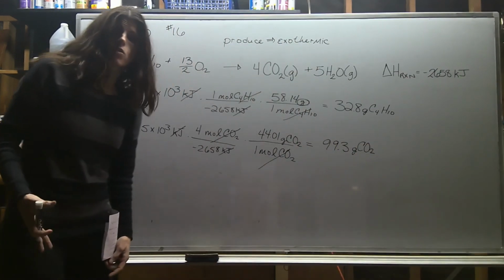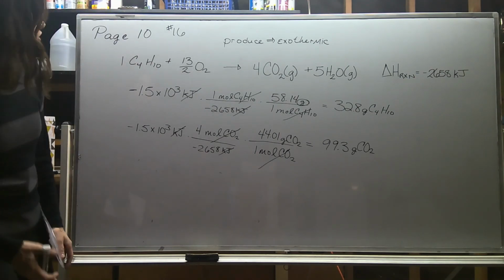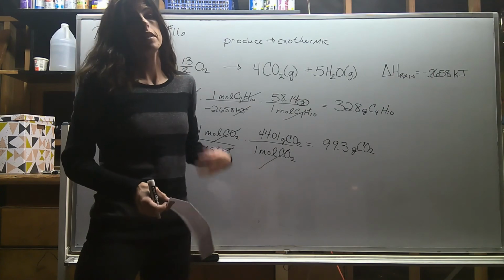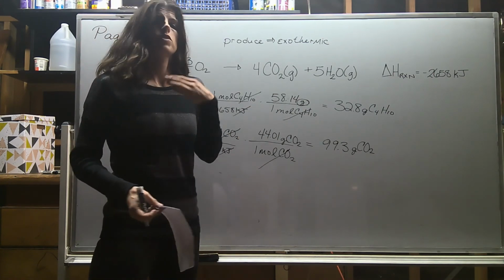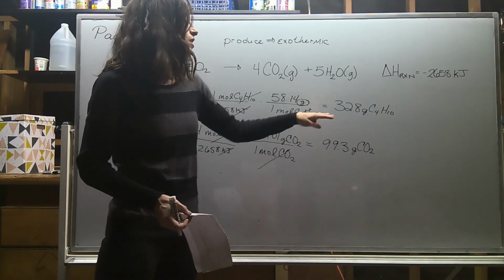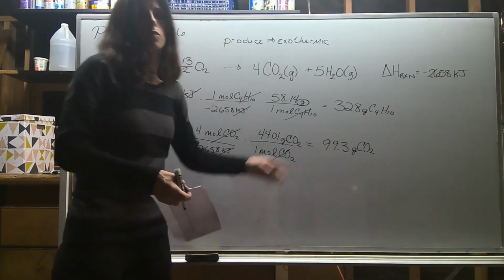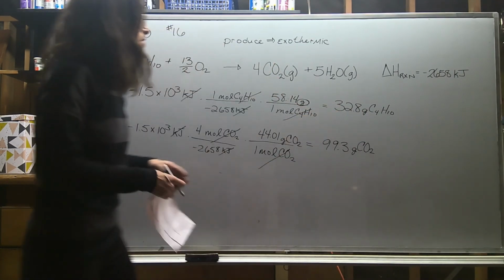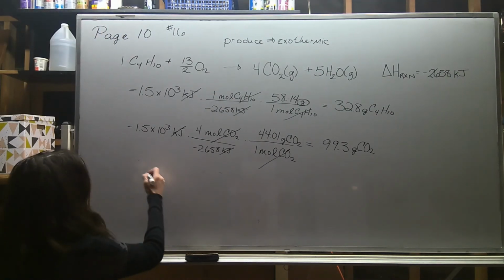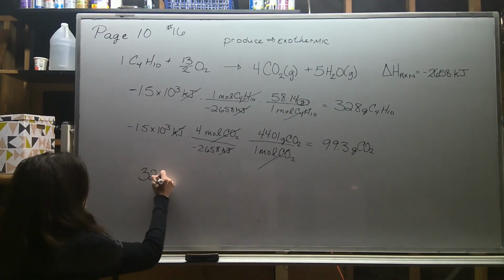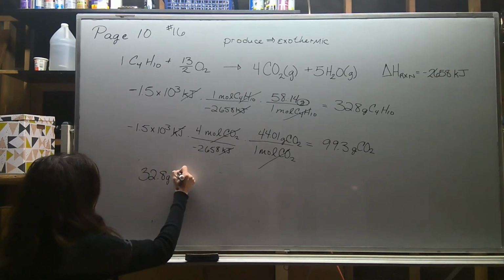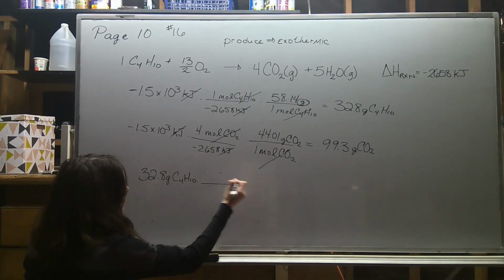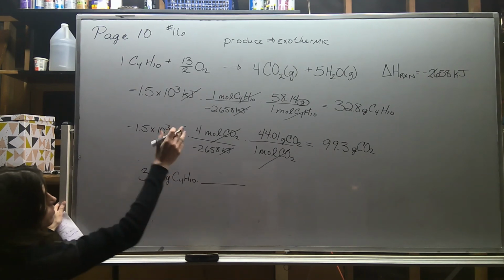A lot of times when I do this problem in lecture, students will say, well, can I use this value here? Absolutely. And this kind of proves what I was discussing before about state functions. It doesn't matter how we approach the problem. So another option to that second part of the problem would have been to grab the 32.8 grams of butane, convert the grams of butane to moles of butane.